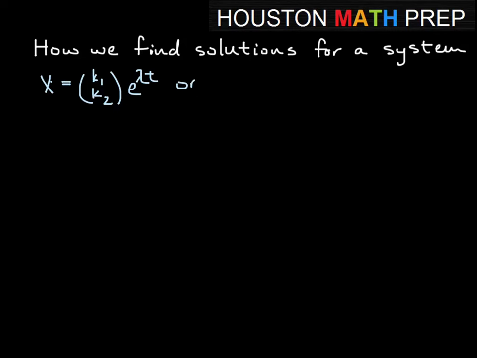Or I'm actually going to just call it, so we don't have to keep writing k1, k2, some vector of constants, I'll just call it k for now, times e to the lambda t.